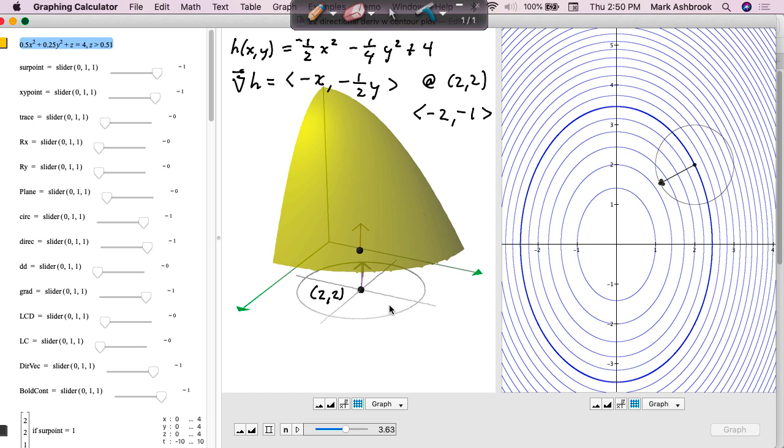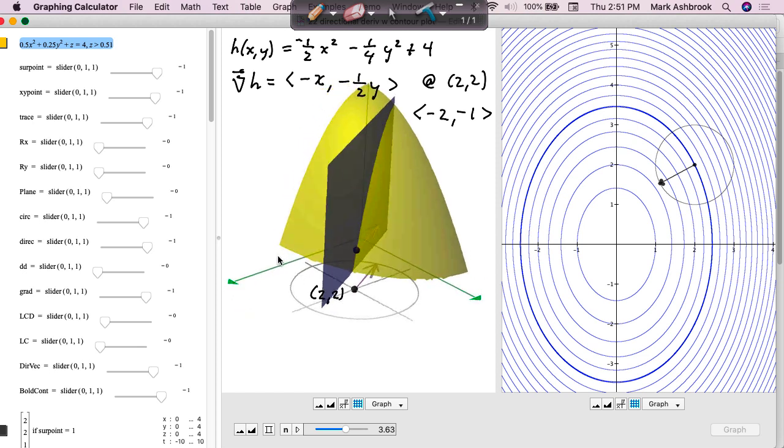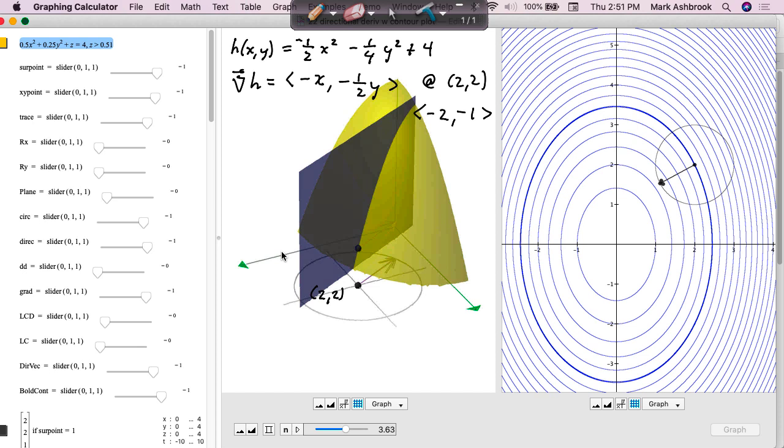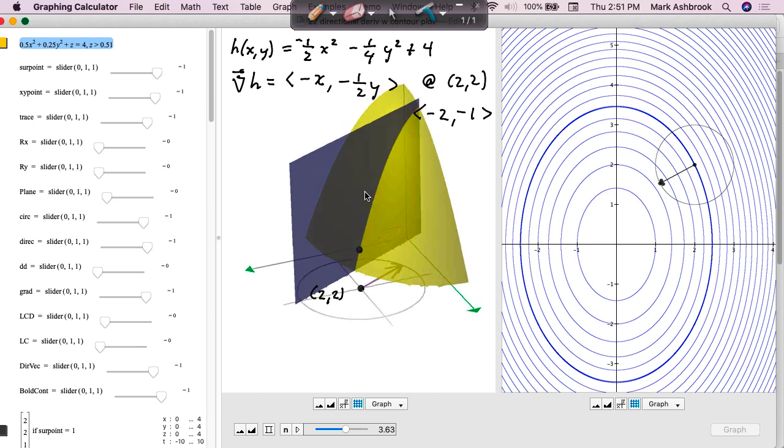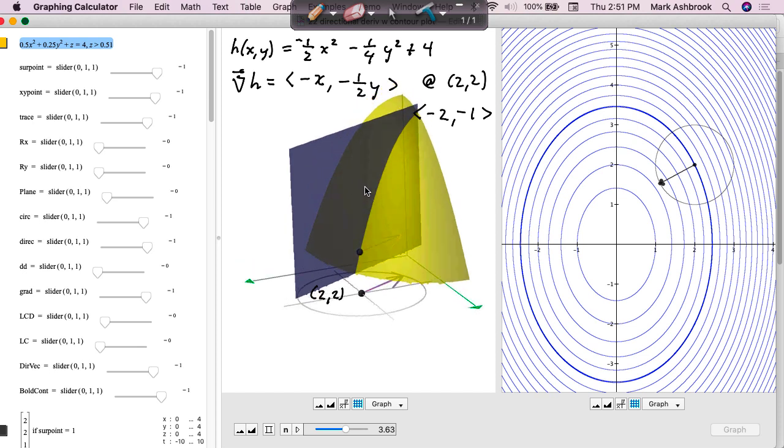It's the horizontal direction that gives you the max rate of change on the surface or the contour lines, however you're representing the surface. So this is the direction of max rate of change. Can you see that there? That plane is right in line with the direction of the gradient, negative 2, 1, negative 1. And so that's the max rate of change right there.